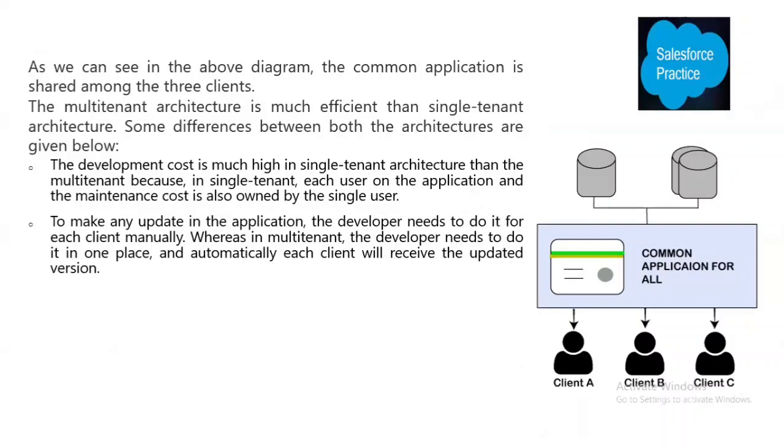The development cost is much higher in single tenant architecture, because each user owns the application and the maintenance cost is also owned by the single user. To make any update, the developer needs to do it for each client manually. Whereas in multi-tenant, the developer needs to do it in one place, and automatically each client will receive the updated version.